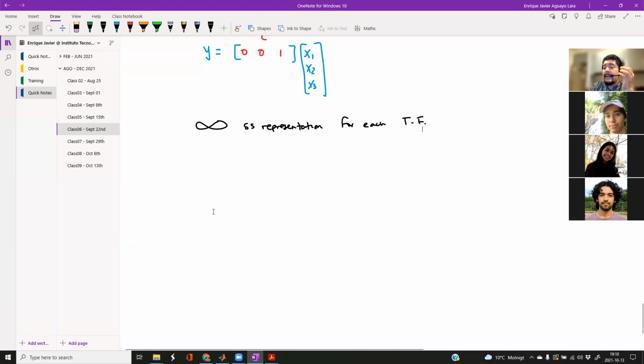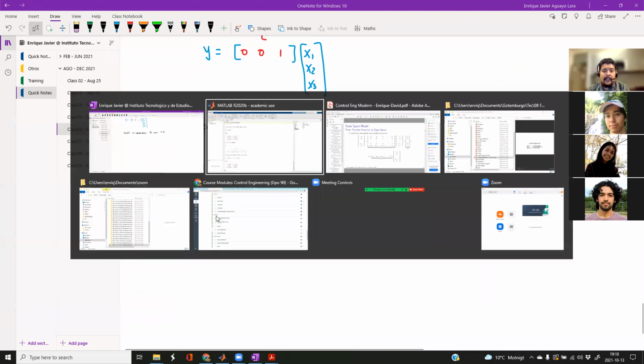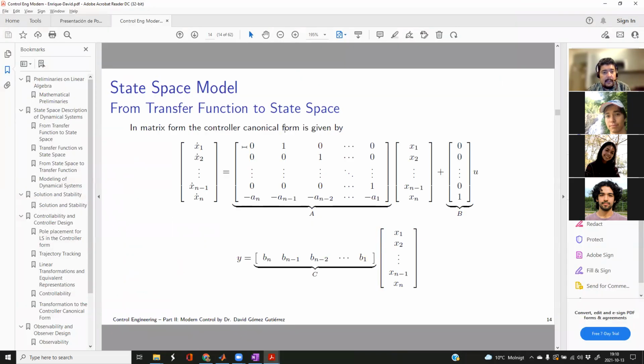And I will select a particular representation that is called in here the controller canonical form. Okay, as you can see, this canonical form has specific characteristics, which is 0, 1, 0, and a bunch of zeros, 0, 0, 1, and a bunch of zeros, and then a subdiagonal of ones in here, and only values in the last row.